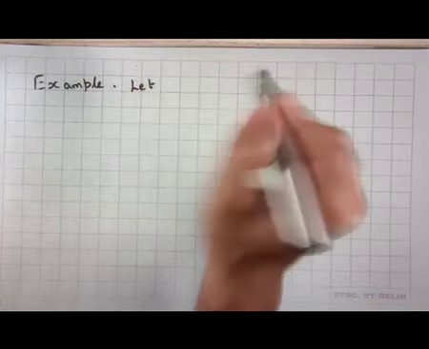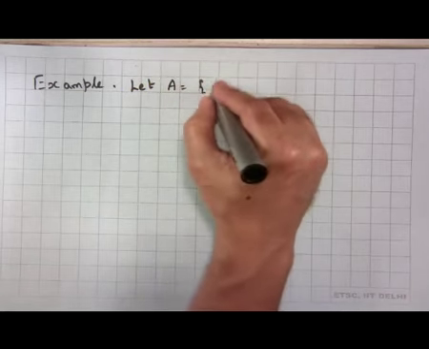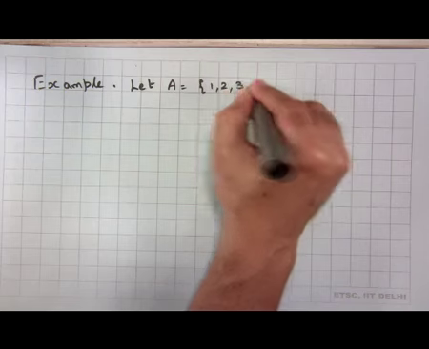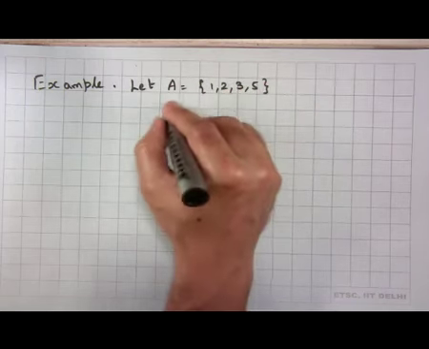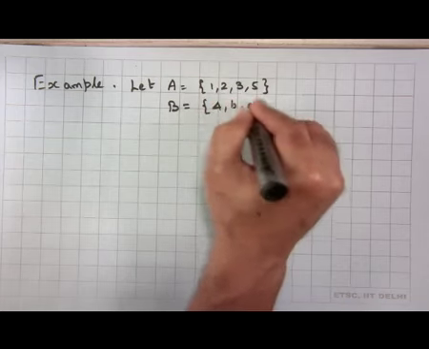Let A equal 1, 2, 3, 5 and B is 4, 6 and 9.